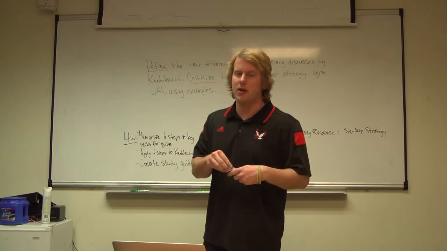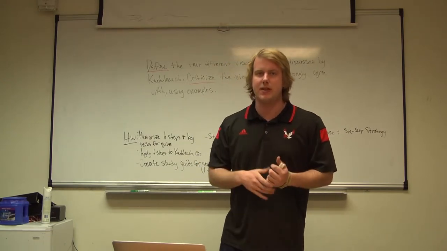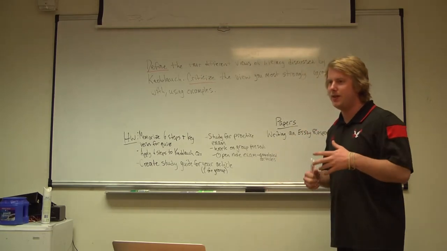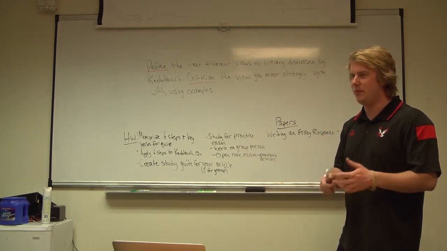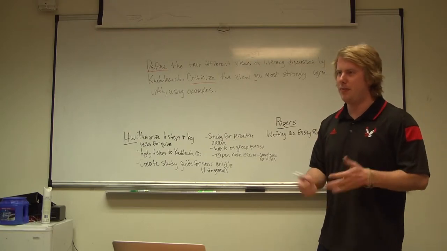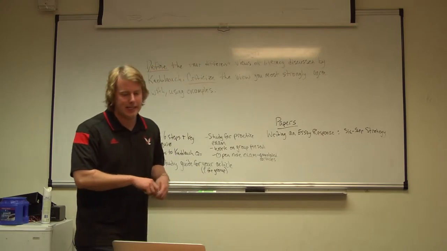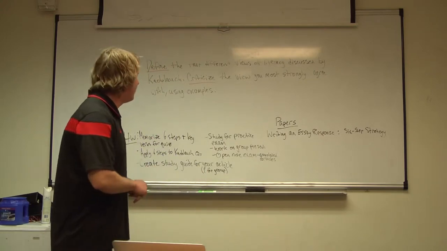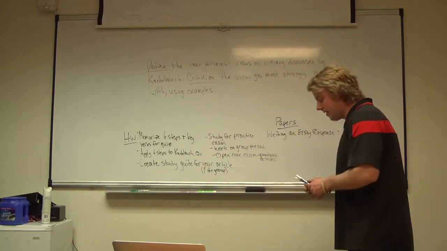I talked about that in the Knobloch video. So finding the strengths and weaknesses, not tearing down, like verbally abusing, like your parents might yell at you or whatever, or a coach for those of you that play sports. But analyzing and judging. Okay, so first we're going to define the 4 different views of literacy discussed by Knobloch.